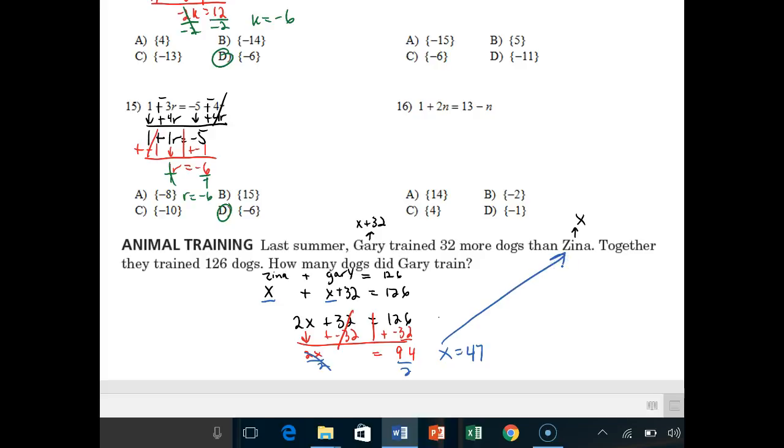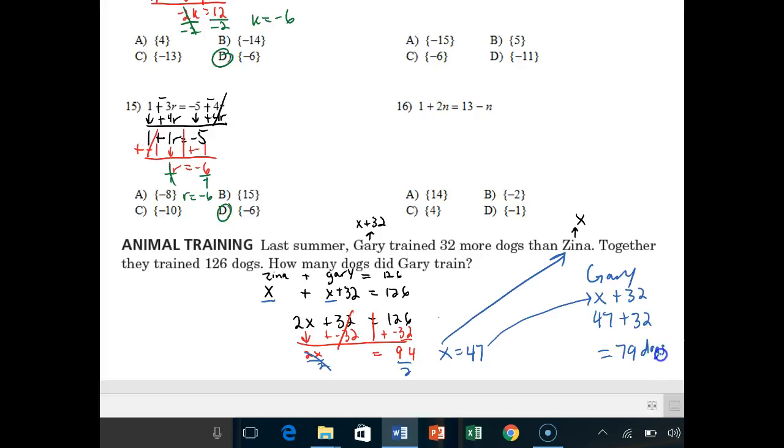I want to know what Gary trained. Gary, remember, his expression was x plus 32, because he trained 32 more dogs than Zena. So now you've got to take this 47 and plug it into Gary's expression. So 47 plus 32 will give us how many Gary trained, and that is 79 dogs.